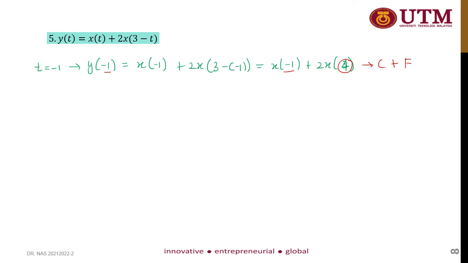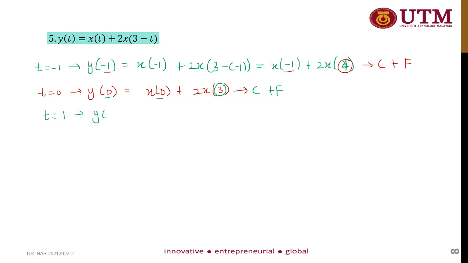Okay, let's try t equal to 0. y(0) equal to x(0) plus 2x(3 minus 0), which is 3. Okay, so let's check the states. The current state is 0, so here you have current state plus 3, again another future value. Okay, so let's try the third, t equal to 1.